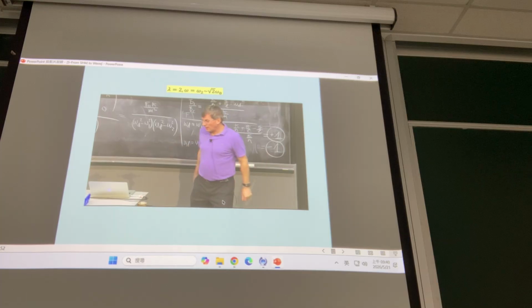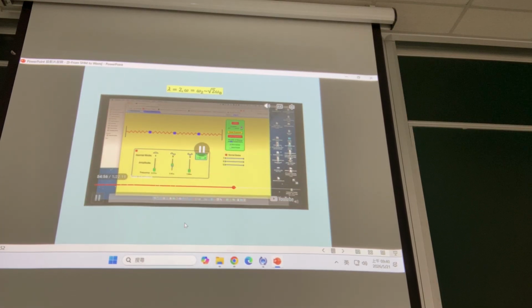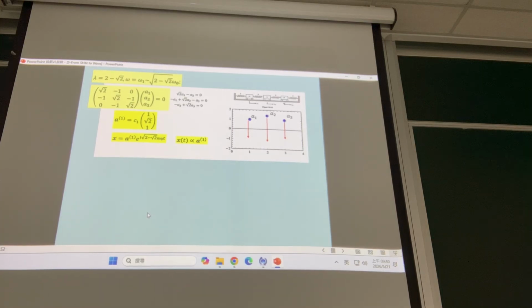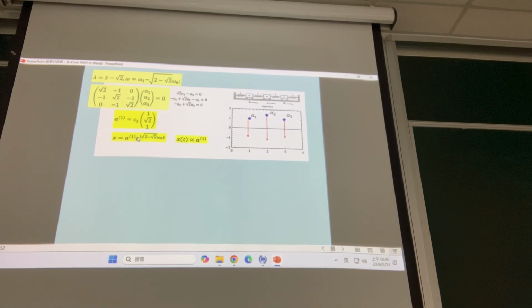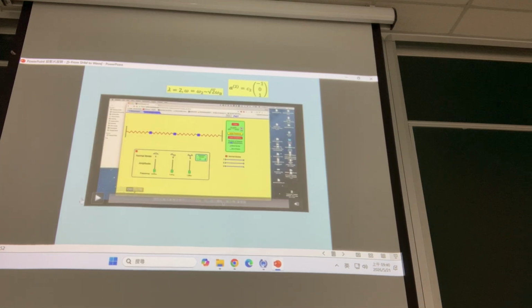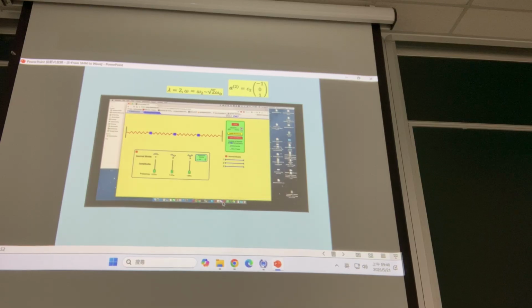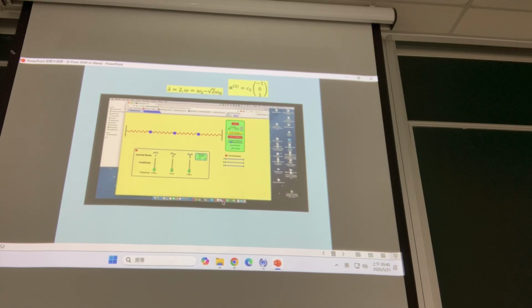Remember, if you look at every particle individually, every particle is oscillating.